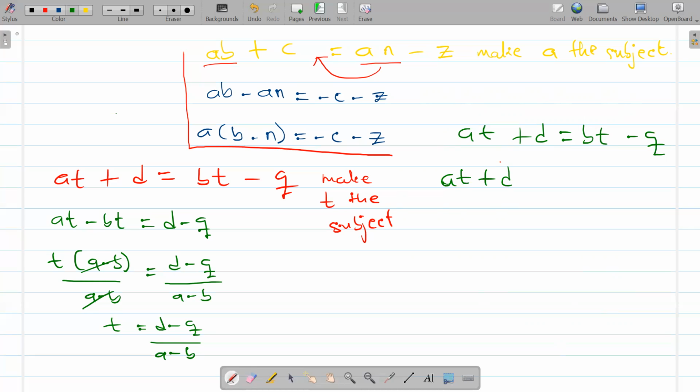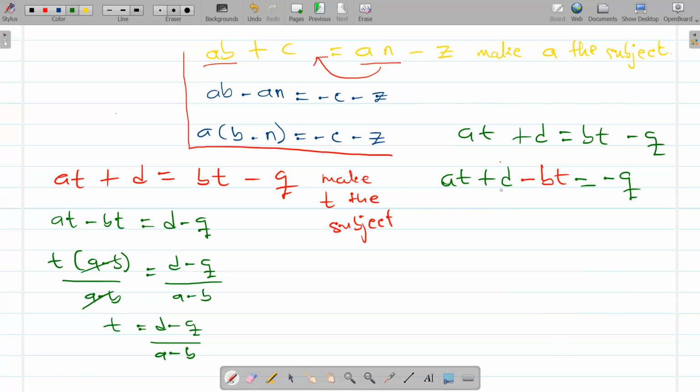So if this BT comes, it becomes minus BT, right? Now it is equal to, the minus Q is already there, so I just maintain it.